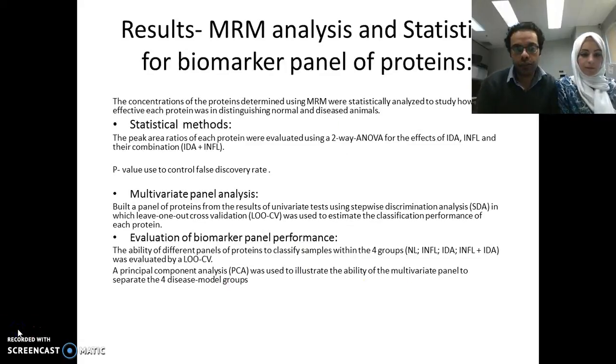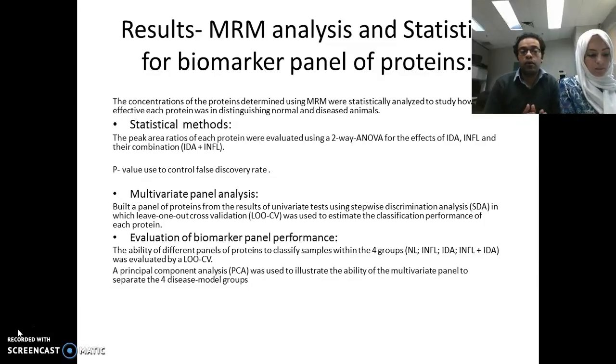The next result is MRM analysis and statistics for the biomarker panel of proteins. The potential of proteins determined using MRM was statistically analyzed to study how effective each protein was in distinguishing normal and disease animals. For the statistical method, the peak area ratio of each protein was evaluated using two-way ANOVA for the effect of IDA, inflammation, and the combination of IDA and inflammation.